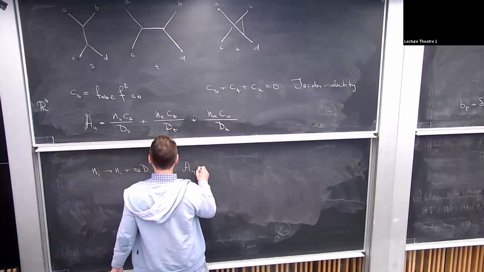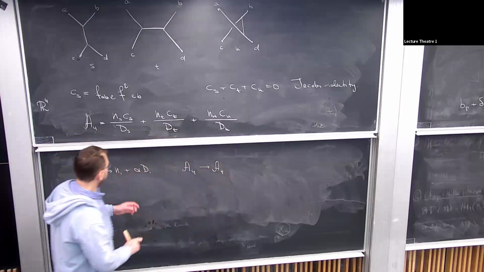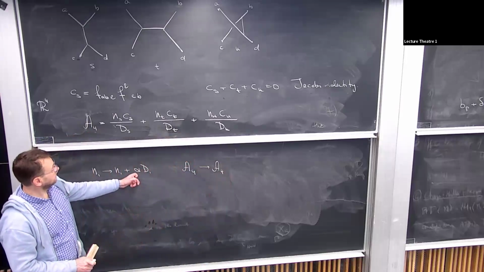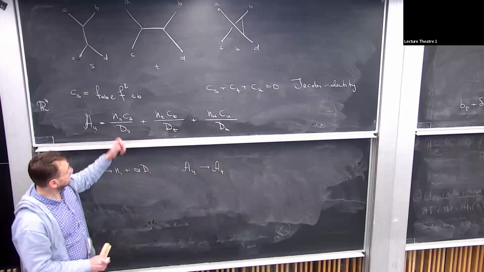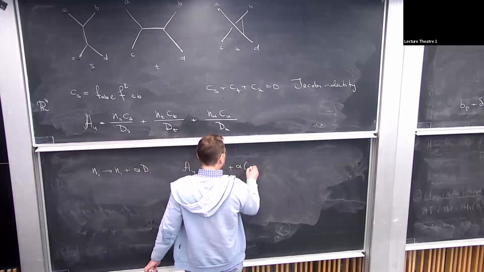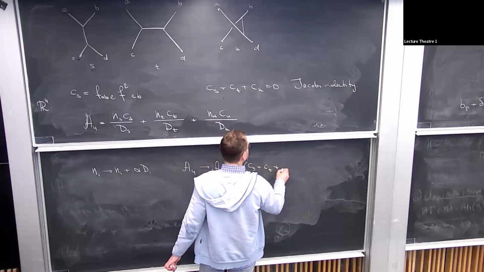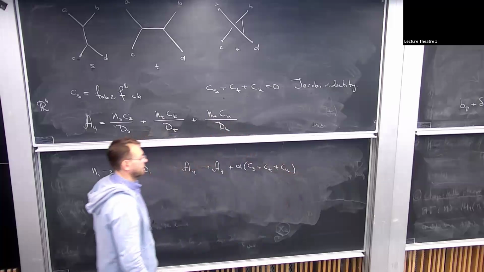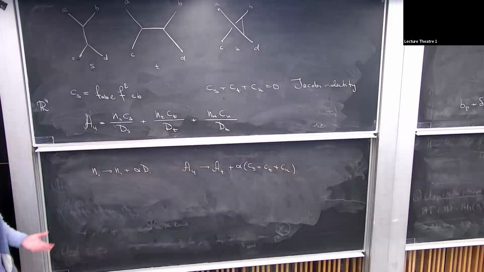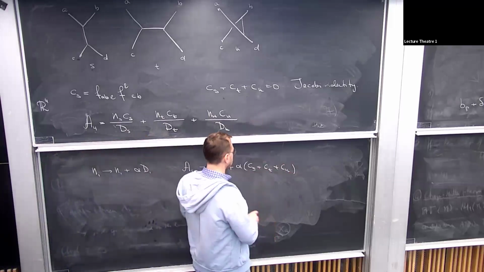It will be A4, and this is organized in such a way that this di cancels, and I will get plus alpha s st plus. So this is an example of the type of shifts you can do. And of course, by Jacobi this is 0.